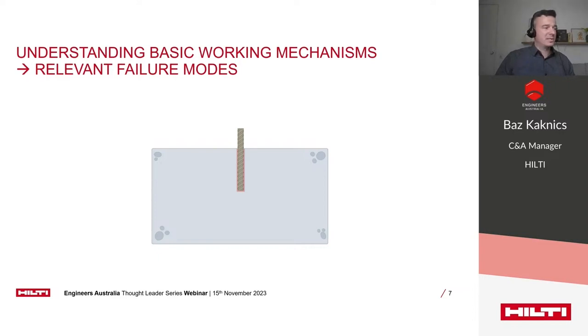So this is our concrete, and this is our post-installed rebar in this case. Let's assume that the embedment depth is relatively shallow here, and we are using a very high-strength epoxy mortar, which will provide us with a strong bond into the concrete. Then, as we exert some tension force onto the bar, which the bar then transfers over the concrete via adhesive bond and friction, this will create stresses in the base material around the fastening.